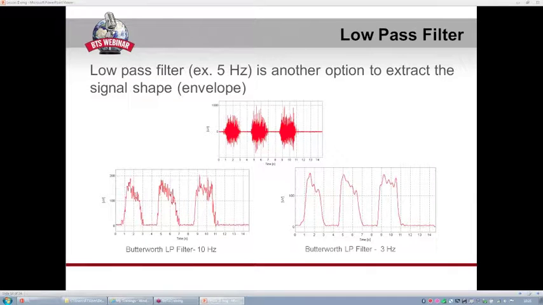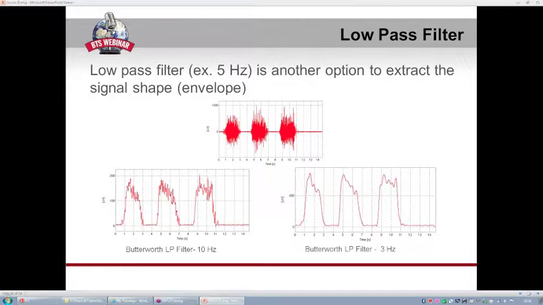So, what about the low-pass filter? The low-pass filter can be another option to extract the signal envelope, so the signal shape coming from the raw signal. In the first lesson, if you remember, we talked about the root mean square algorithm and the integrated EMG.